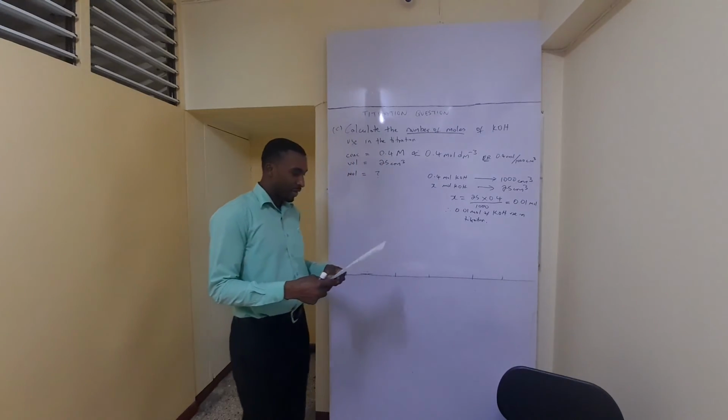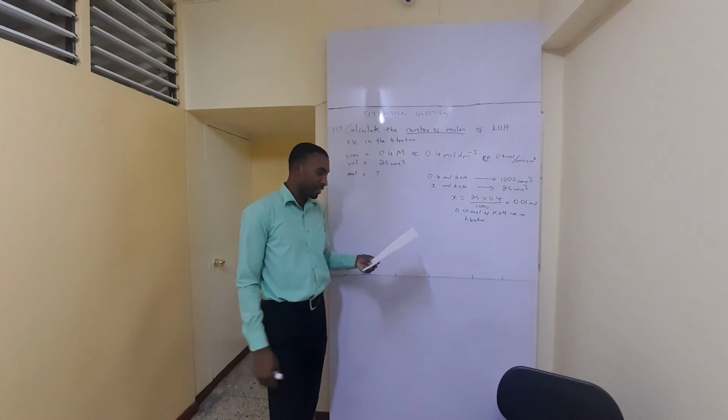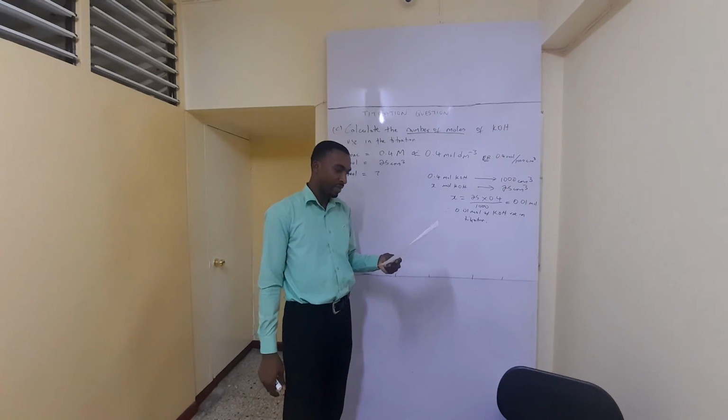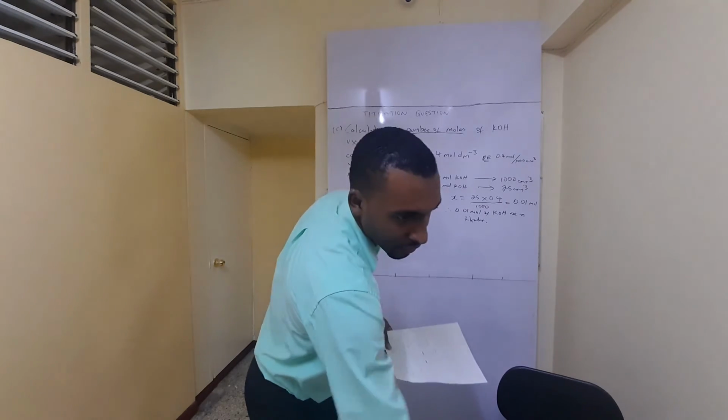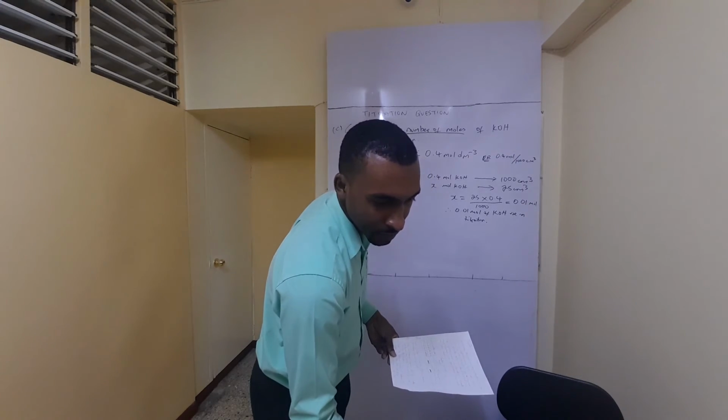Alright, so part B, use the balance equation to determine the mole ratio between potassium hydroxide and sulfuric acid. 2 to 1, sir.